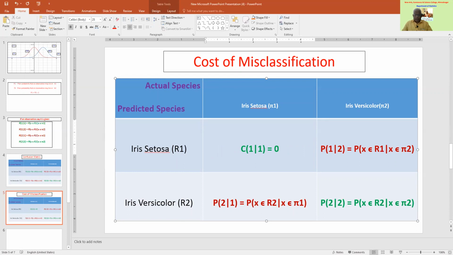A person having a disease, if declared as having it, is a correct diagnosis, and so it will not lead to any cost because he will be treated properly.